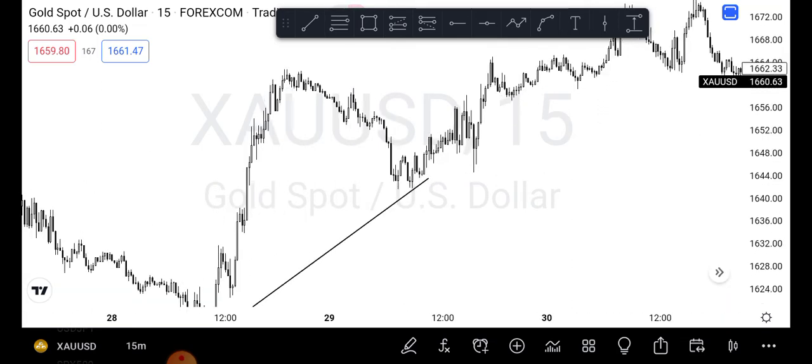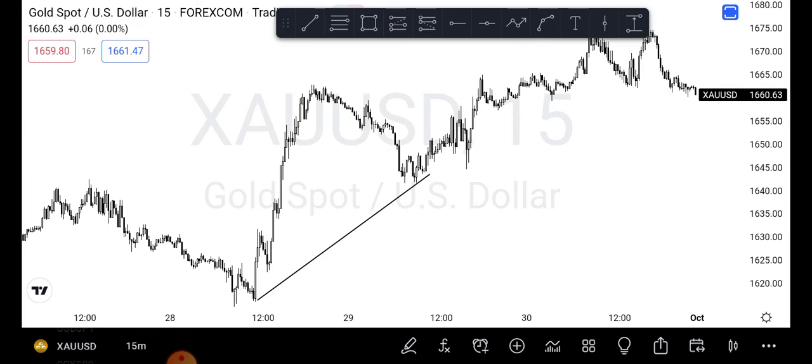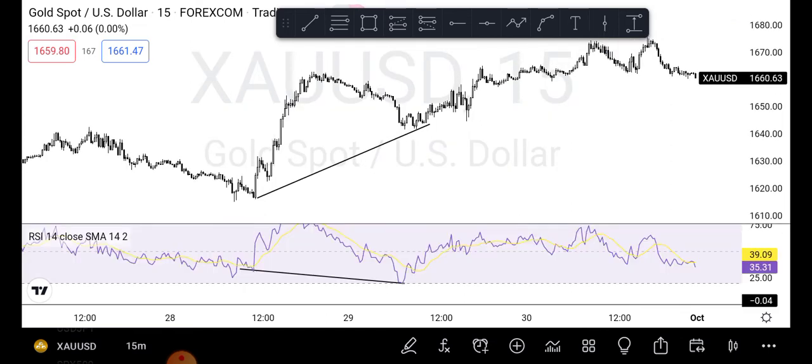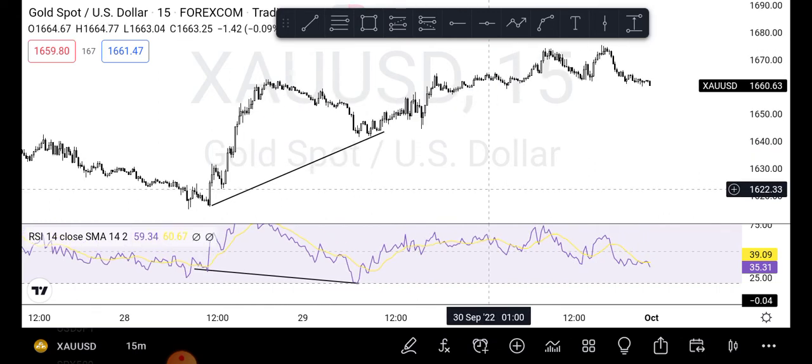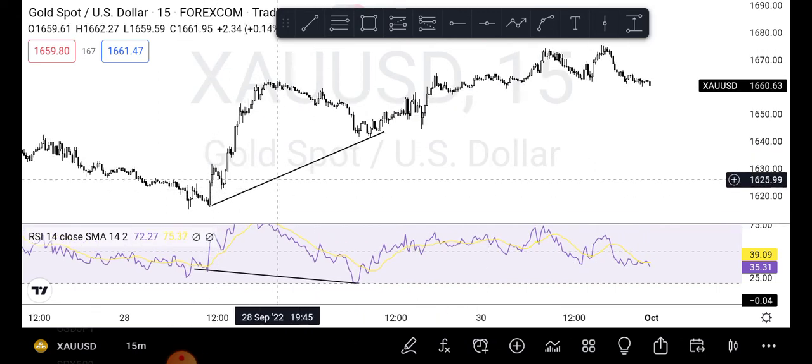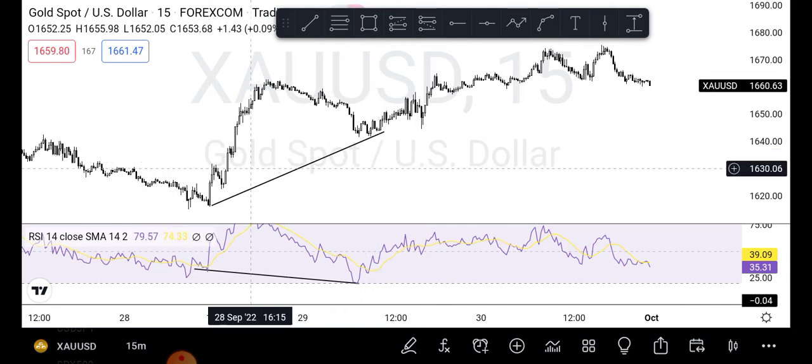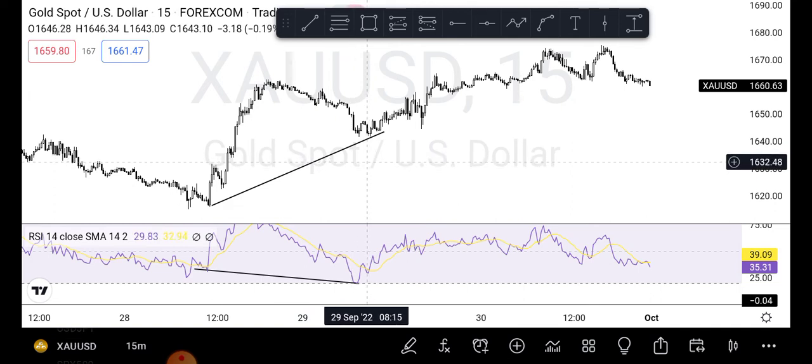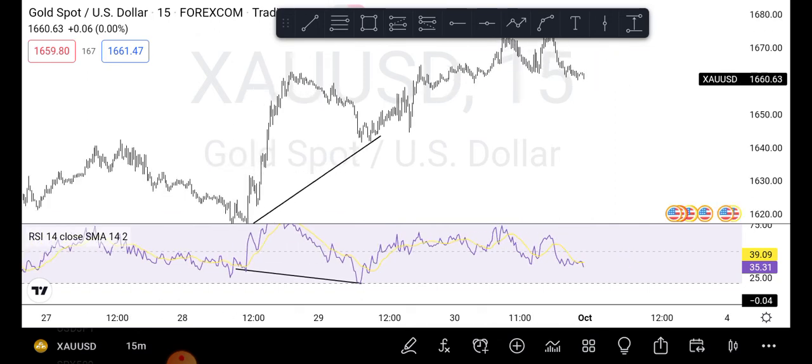This is a buy signal, because on the lows, you have an increasing low on the price chart and a decreasing low on the RSI. Markets form a low here, come and form a higher low here, but on the RSI it's forming what? A lower low. This is what we call RSI divergence.